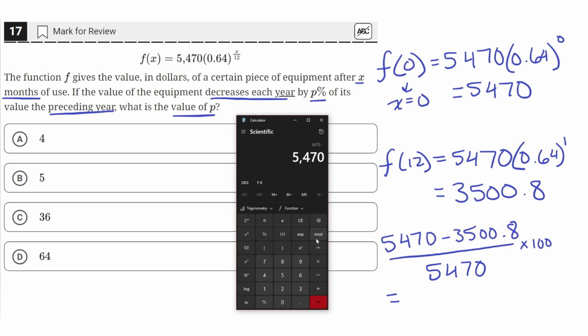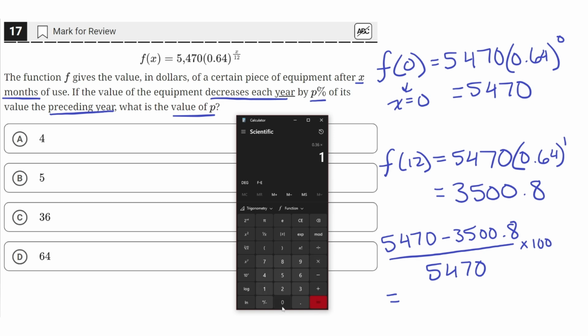5,470 minus 3,500.8 gives us that. We divide that by 5,470 and multiply. Oh, I divided by accident. Okay, so 5,470 minus 3,500.8. We'll get this, and we need to divide that by 5,470.